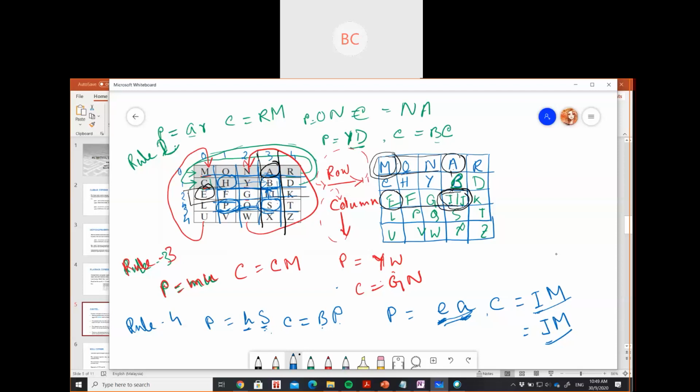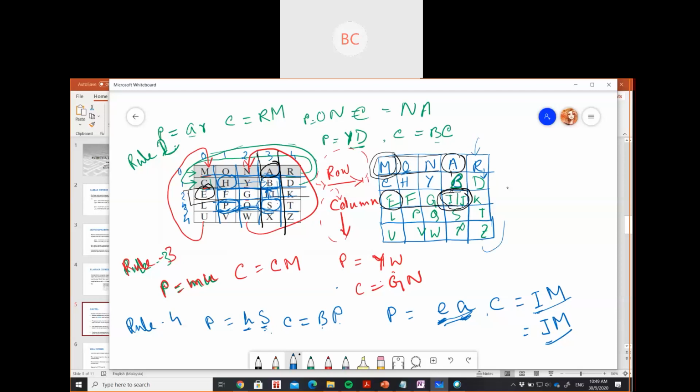If your letter is at the end of the row, then it can go back to the first position again. In rule number 3, which is column wise, you will just replace the letter with the one beneath the particular letter. If you reach the last row, then it can again go back to the first one.